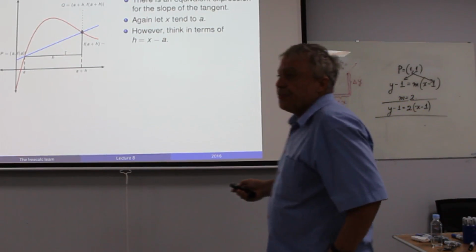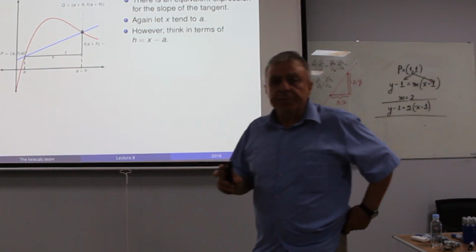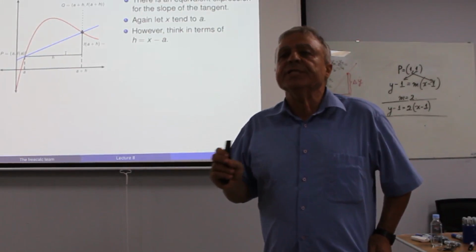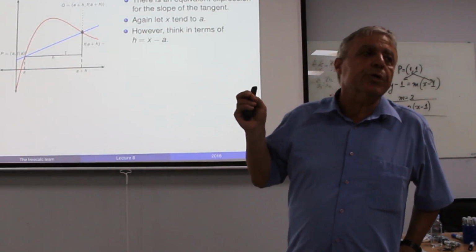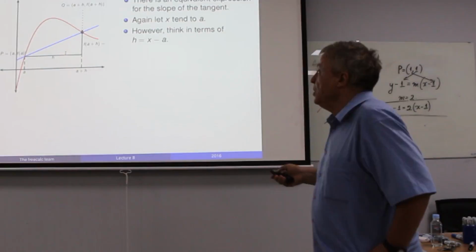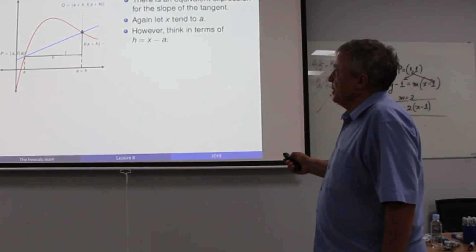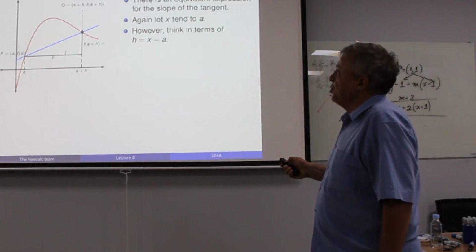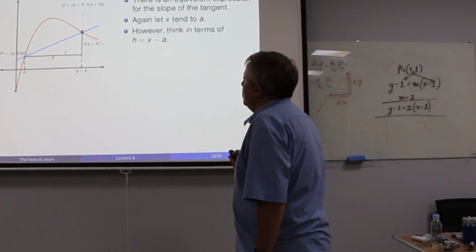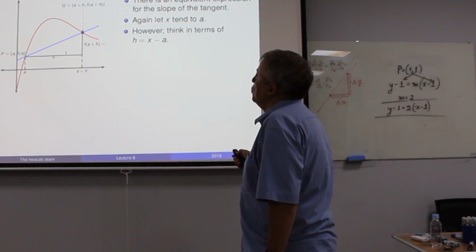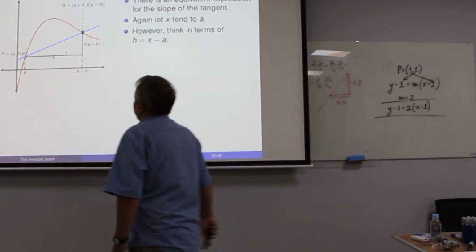Okay, so now, in mathematics, very often there is more than one equivalent definition. So now we're going to come to the second definition. The second definition, instead of x minus a, uses h. So what we do, we give a new name to x minus a.